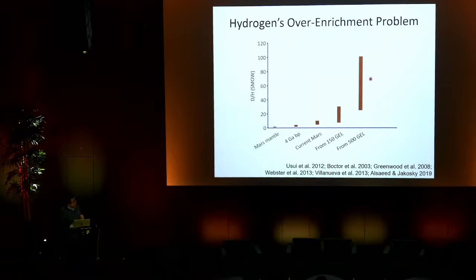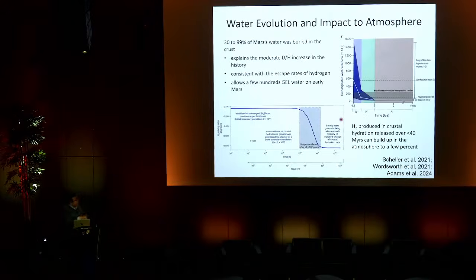In this plot, I compare the mantle value, the current value, and what happens if all of the escape comes from removing hundreds of GEL worth of water through hydrogen escape into space. That will create a massive over-enrichment problem. Recently, we published a paper that provides a solution for this problem, which is that most of the Mars water could just be lost into crustal hydration.